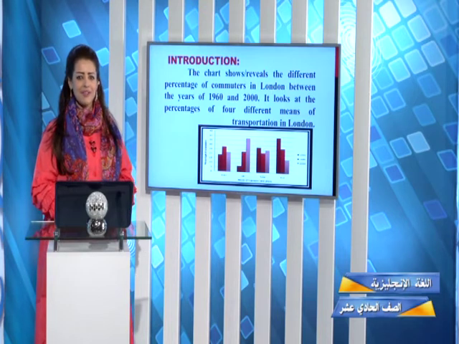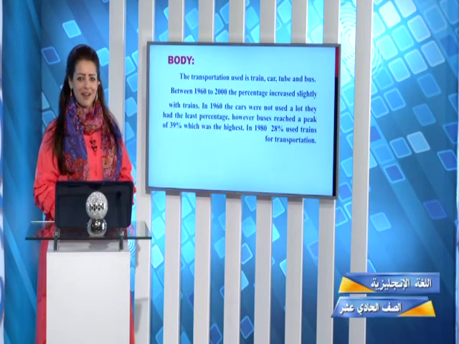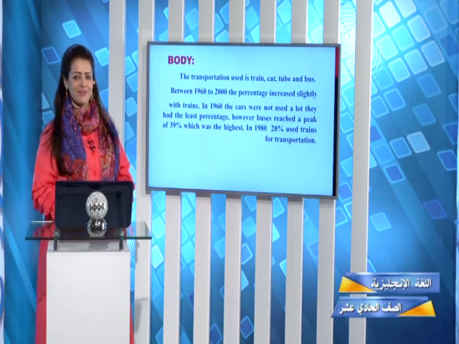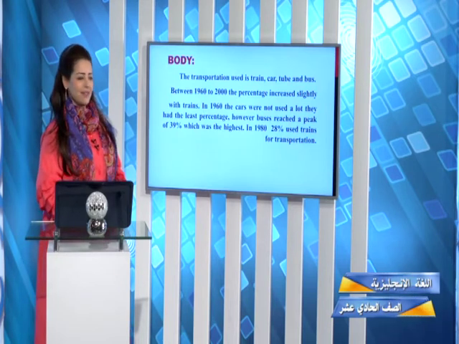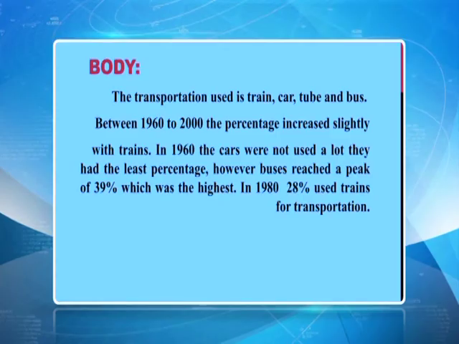What comes after the introduction? Yes, the body comes after the introduction. Over here, we will give some details, such as the transportation used is train, car, tube, and bus. Between 1960 to 2000, the percentage increased slightly with trains.